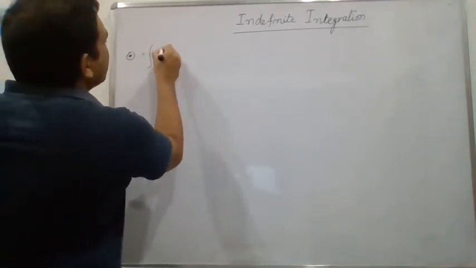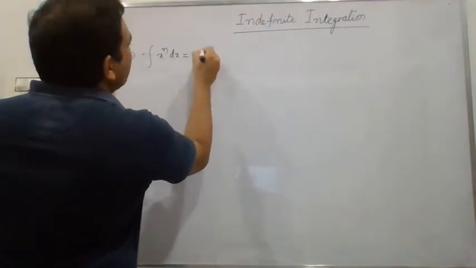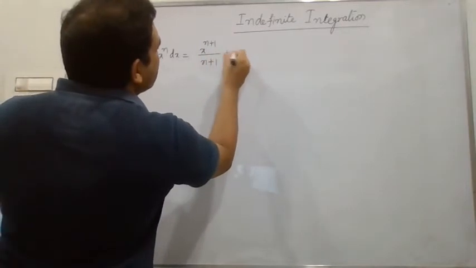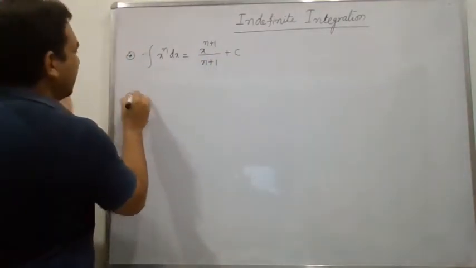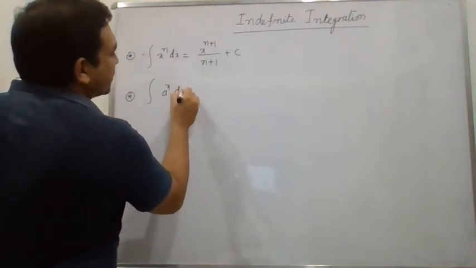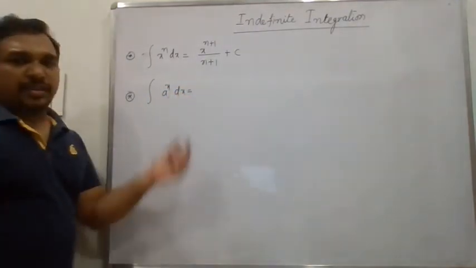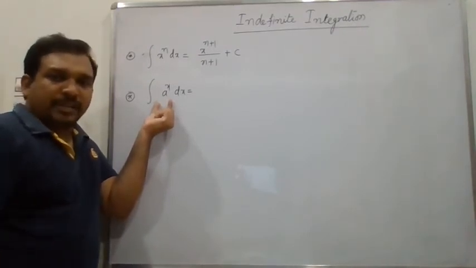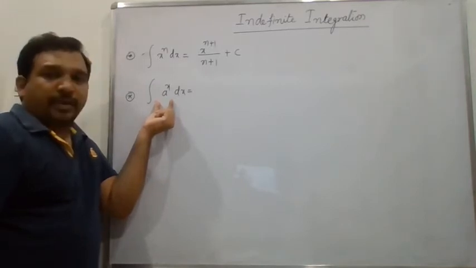Integration of x power n dx is equal to x power n plus 1 by n plus 1 plus constant. Next, integration of a power x dx. For which function will the derivative be a power x?